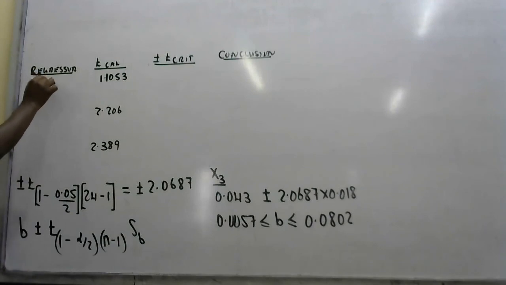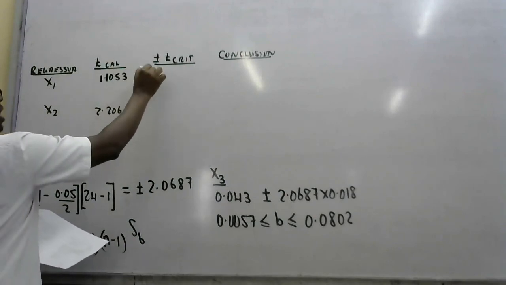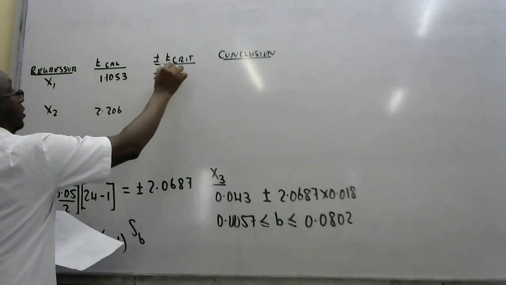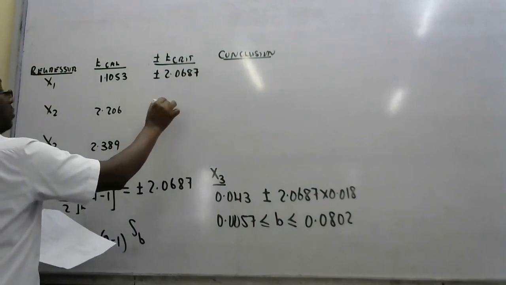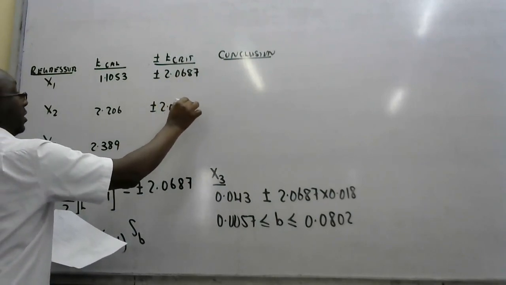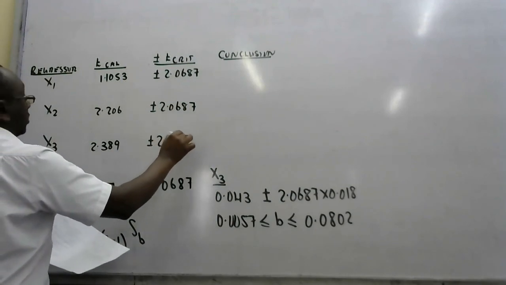So X1, X2, and X3. We already have computed the criticals and the calculated. The criticals are plus or minus 2.0687 for each.